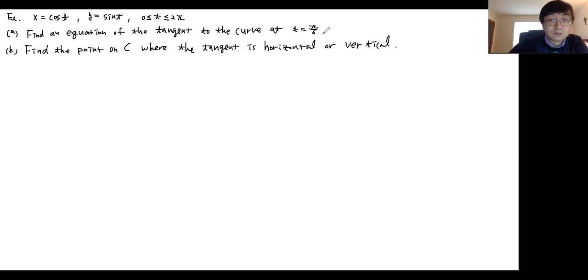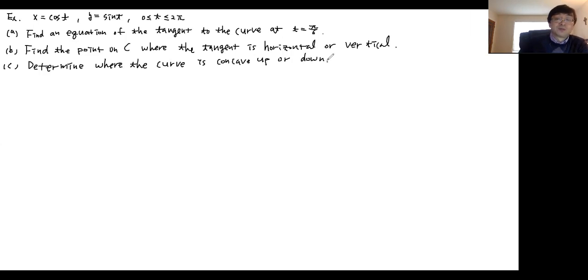Second problem. The third problem. Determine where the curve is concave up or down.